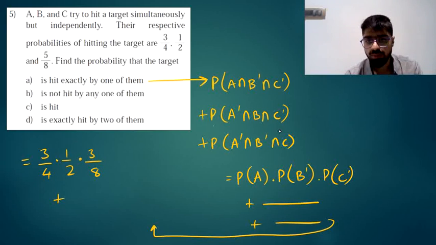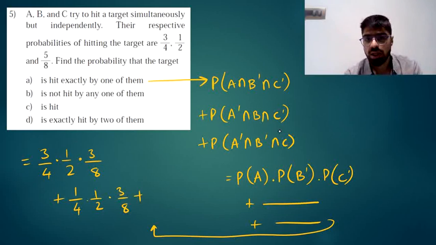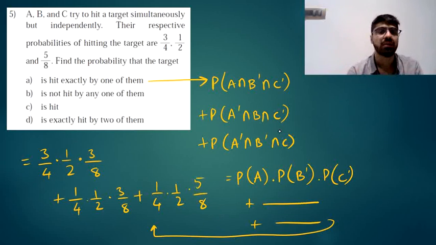the next one is P of A complement into P of B into P of C complement. The numbers will be 1 by 4, 1 by 2 and 3 upon 8, plus the last one is P of A complement, B complement and C. So that will be 1 by 4, 1 by 2 and C, the probability of C hitting is 5 upon 8. Okay.